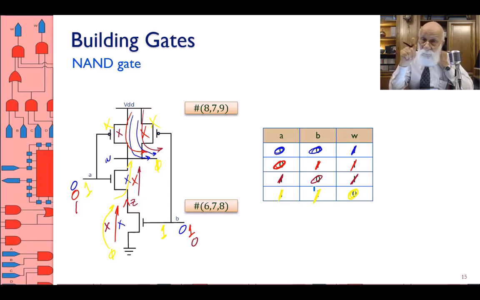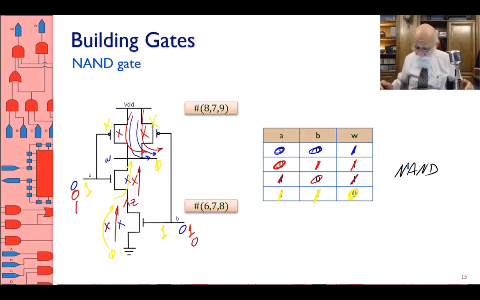If A was 1, B was 1, and the output was 1, I would have said this is an AND gate. But since when the two inputs are 1, the output is 0, I call this a NAND structure.